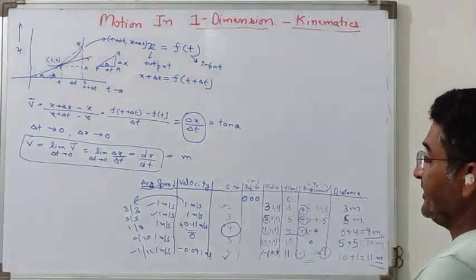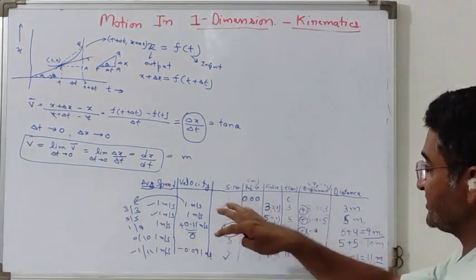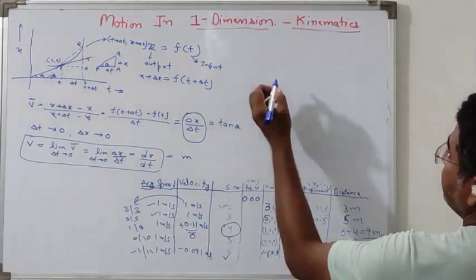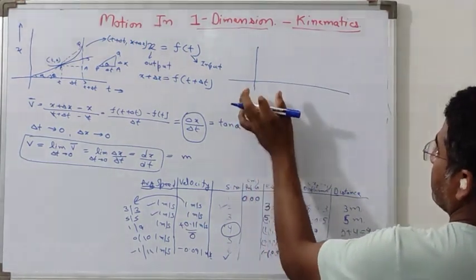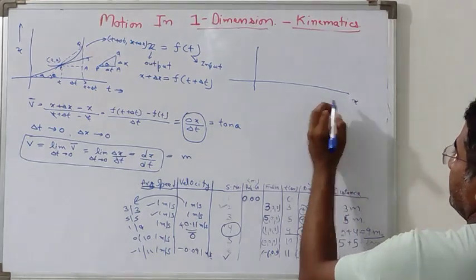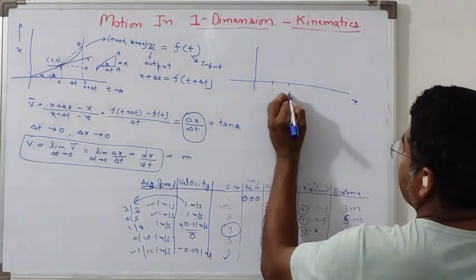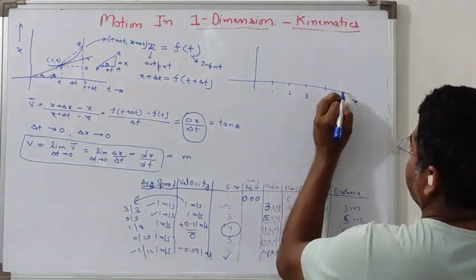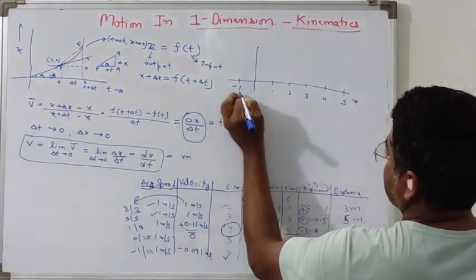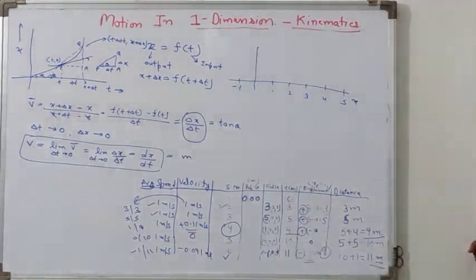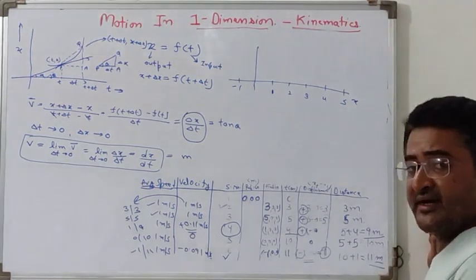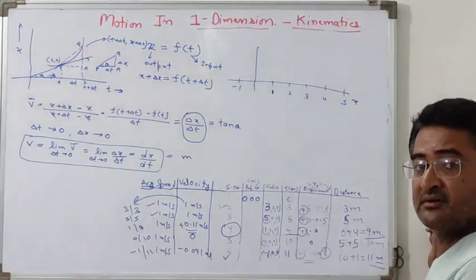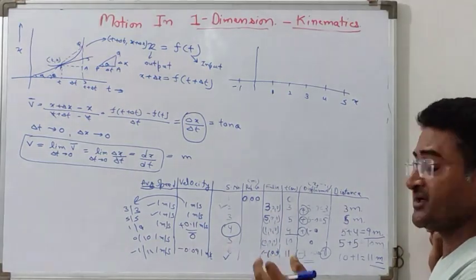Now, even if you look at the previous example where we considered the average velocities and average speed, where we considered motion only along the x-axis, where we had the markings of 1, 2, 3, 4, 5, -1. Using the concept of average velocity, we can even get the sense of the direction of the motion, in which direction the object is moving.